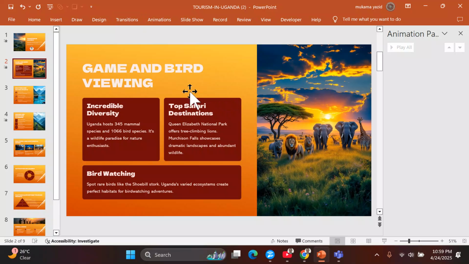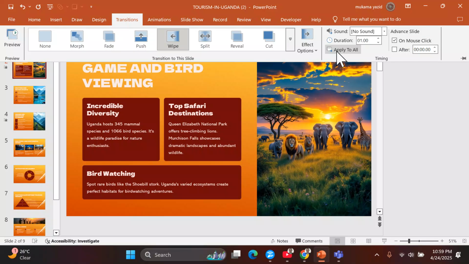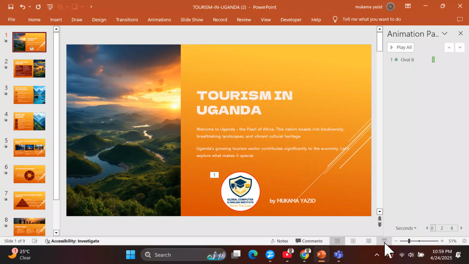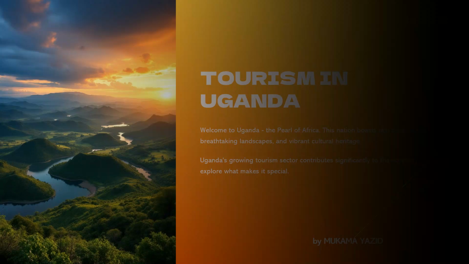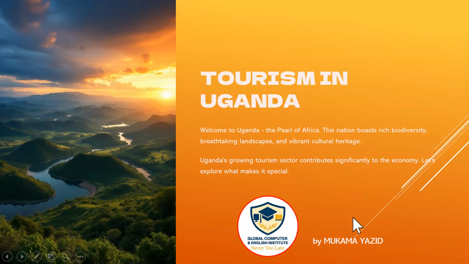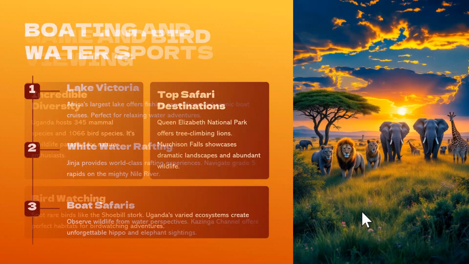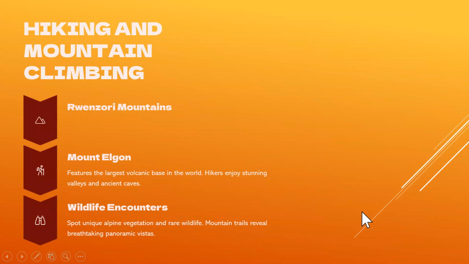If I'm not mistaken, slide two has a star. If I want to apply this transition to all slides, I come to transition and click here. Everything will have that star. So if I go to slide show from the beginning, the same transition will come, the same transition will come.